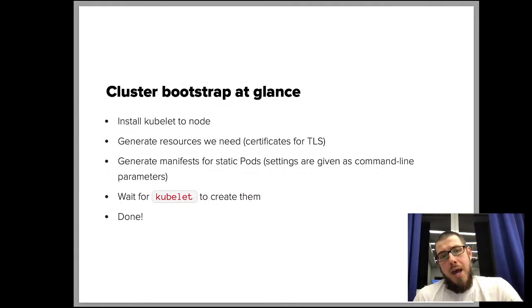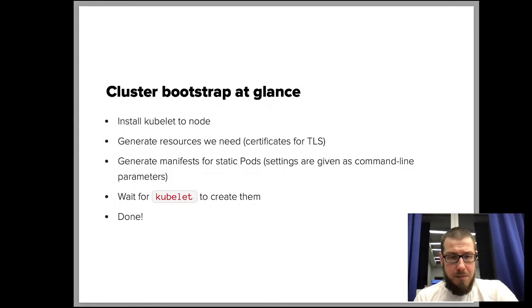Well, first of all, we have to install kubelet on a node, then generate the resources we need, certificates for TLS, then generate manifests for static pods, because settings are usually given as command line parameters, and wait for kubelet to create them, and that's it, we're done.